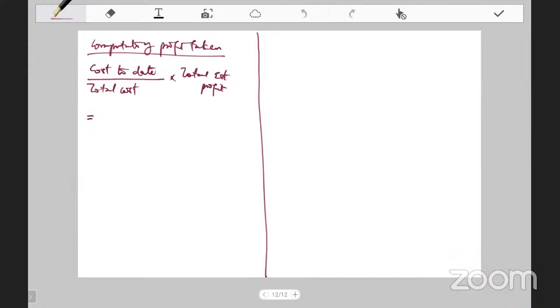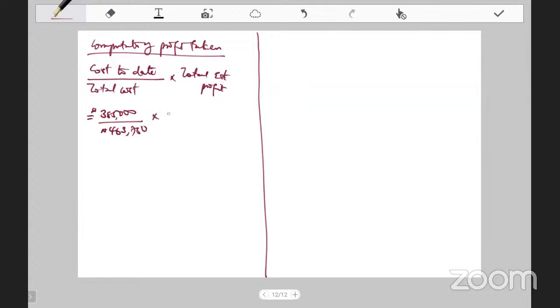So let's get this now. Our cost to date is 385,000, and our total estimated cost is 463,750.